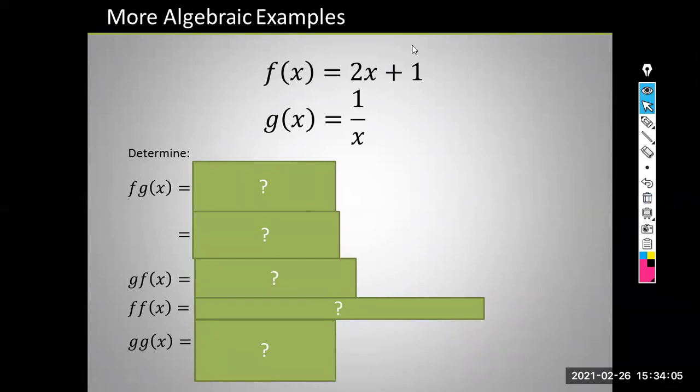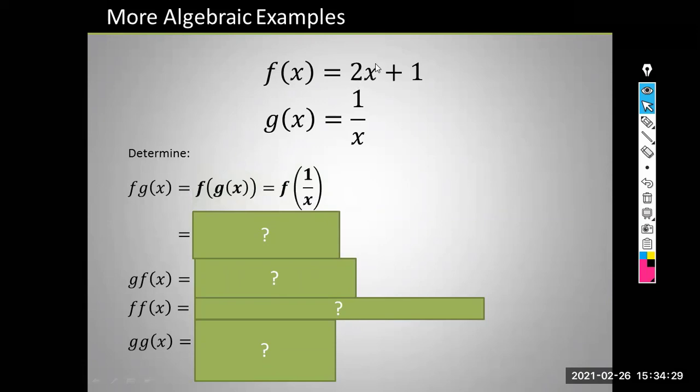Is the first one 2 bracket 1 over x plus 1? 2 over 1 over x plus 1. So function g, so fg, it's f of 1 over x, and then you replace 1 over x into function f.